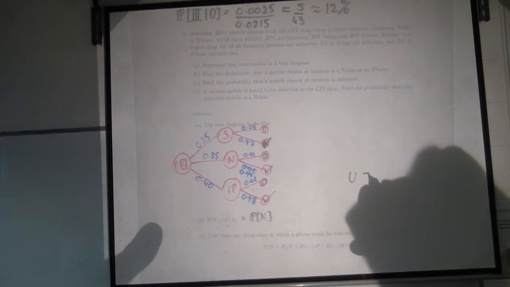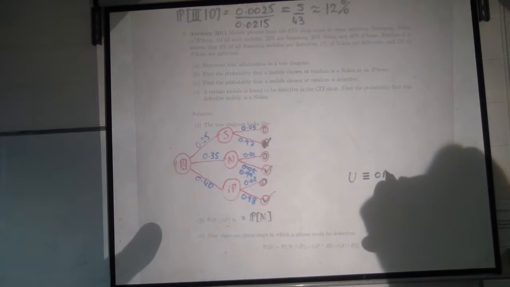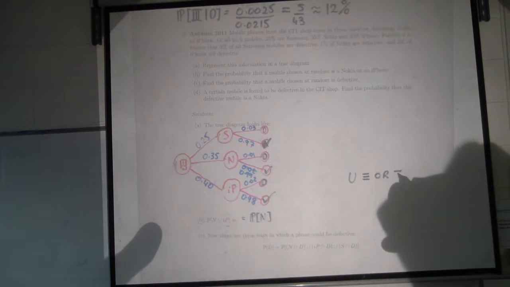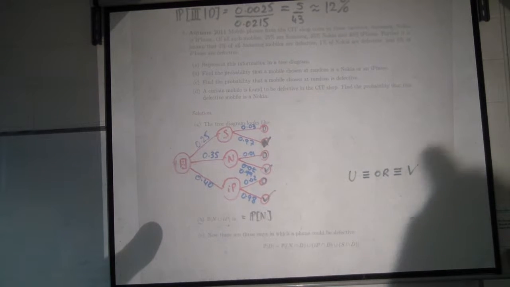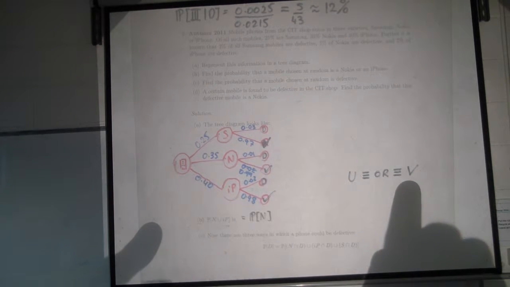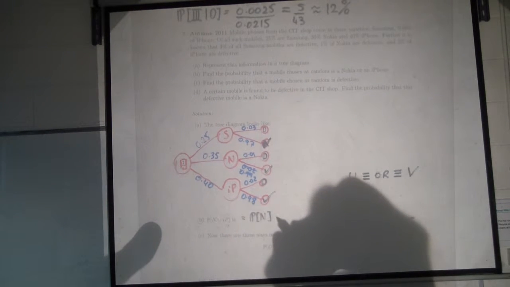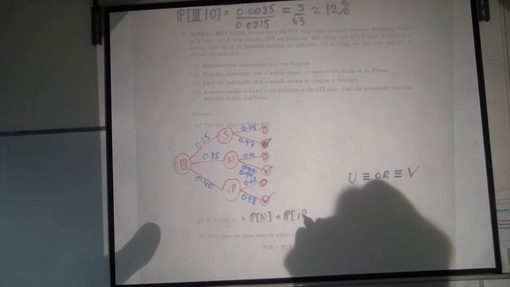So this is the probability of a Nokia plus, so this U here means or, so U is equivalent to or. Do you ever use this in truth tables? No, that'd be another way of writing or. Okay. So probability of Nokia plus the probability of iPhone.